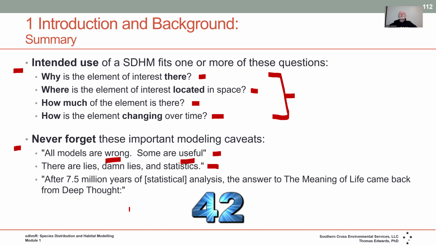This is kind of getting home to the fact that you need to be a little careful about the emphasis on statistics at times. And then, of course, even when you apply the statistical analysis, after 7.5 million years of analysis, this could mean waiting for a long-winded MCMC to occur, the answer might come back as 42.